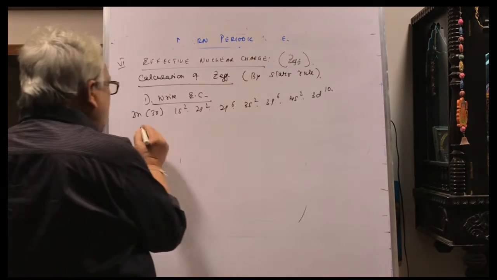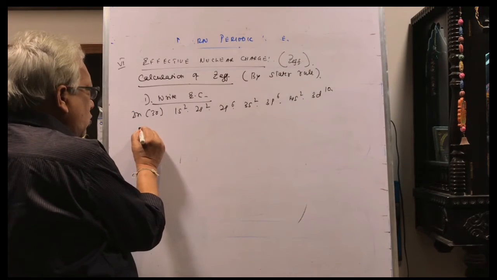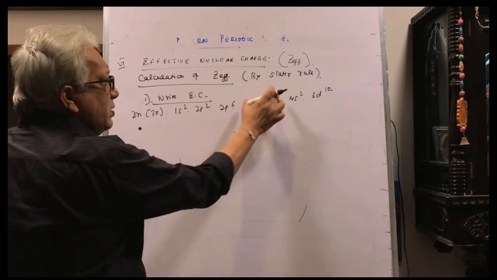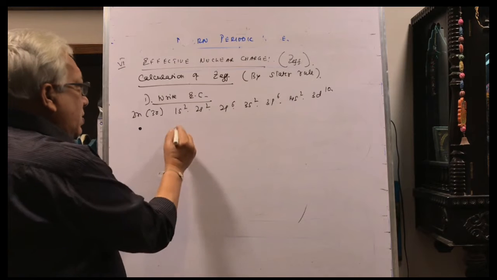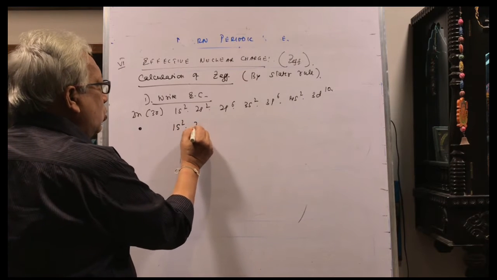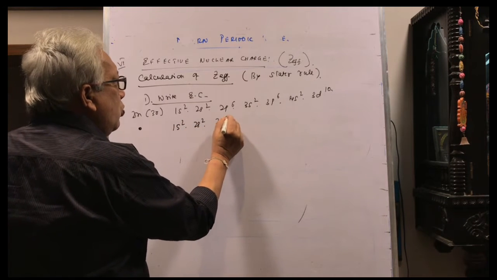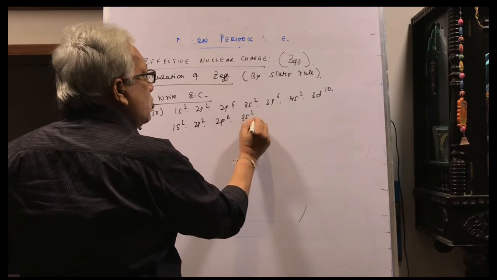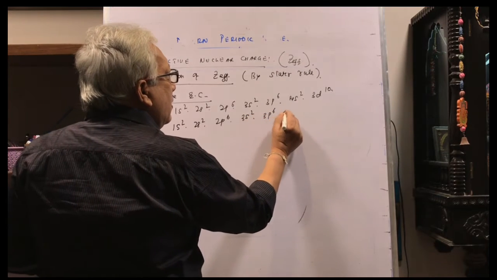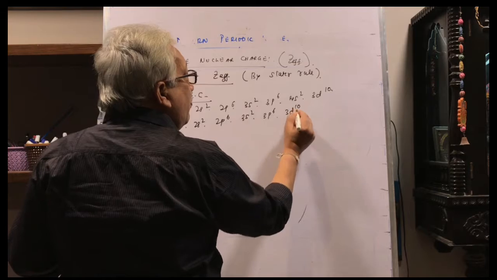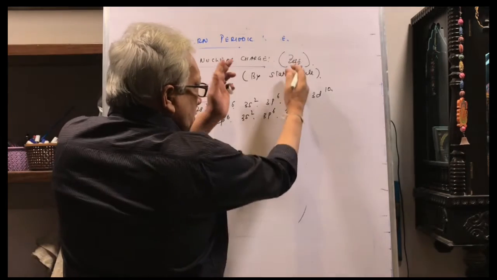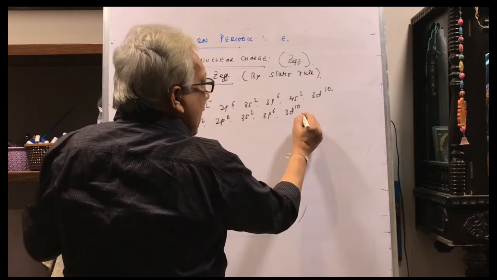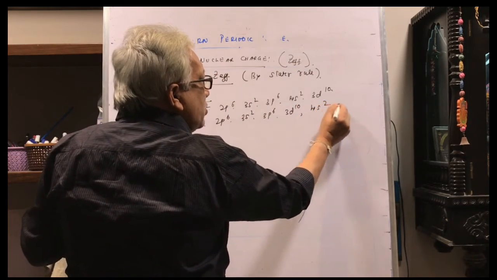That means if I consider this is the nucleus, this is the first shell, this is the second shell, this is the third shell, then the fourth shell. So that way I have to write it as 1s2, 2s2, 2p6, 3s2, 3p6, then 3d10 I'll write before. Actually it is getting filled afterwards, but I have to write it before because the third shell is before the fourth shell, and then I write 4s2.